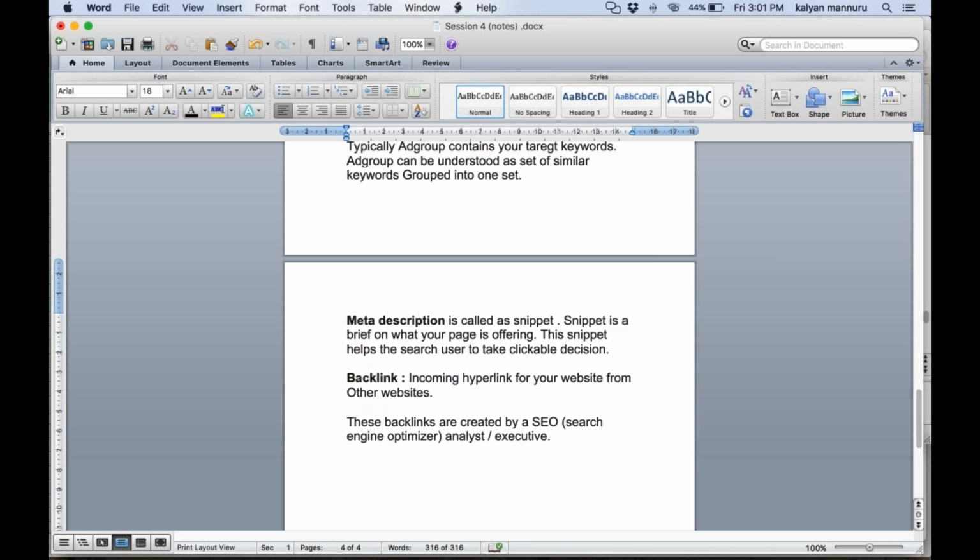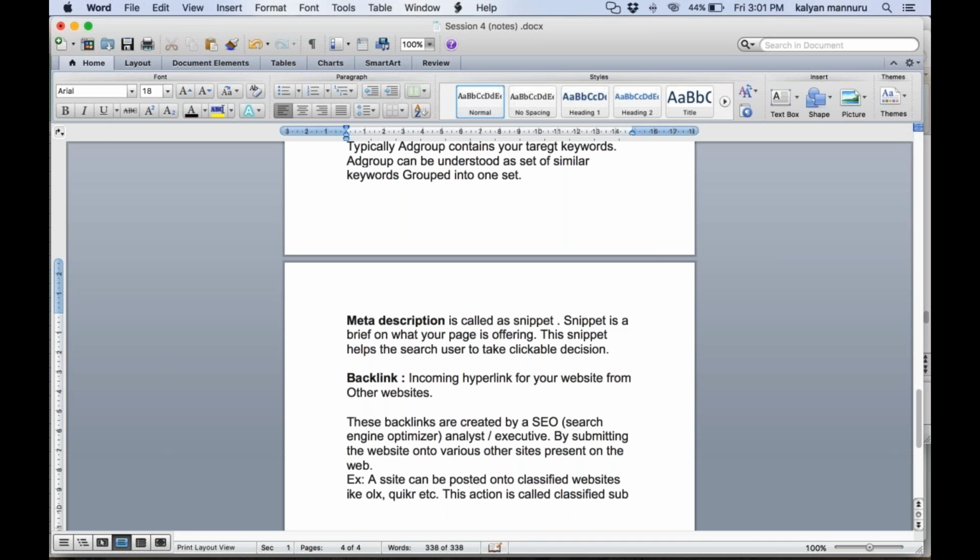Created by an SEO person by submitting the website onto various other sites present on the web. Example, a site can be posted onto classified websites like OLX, Quikr, etc. This action is called classified submissions.